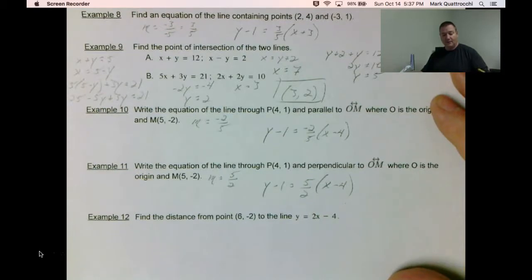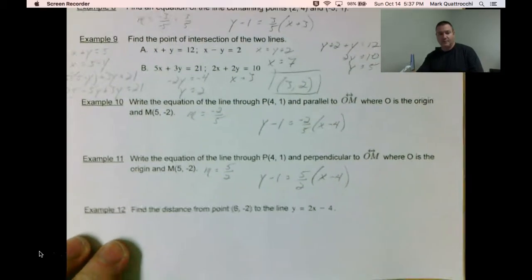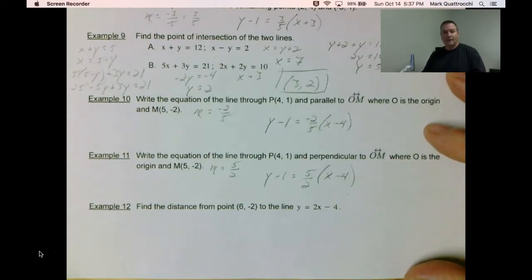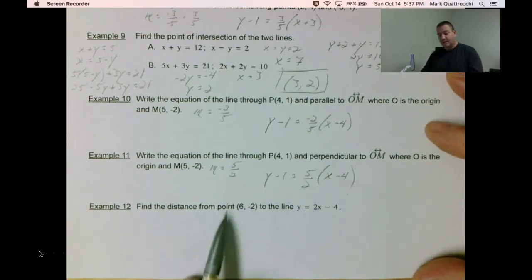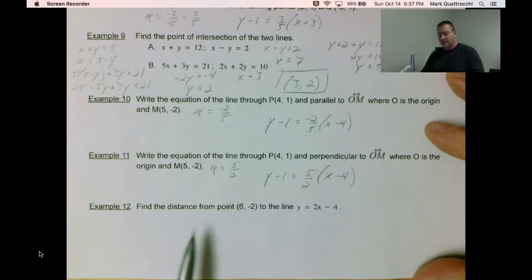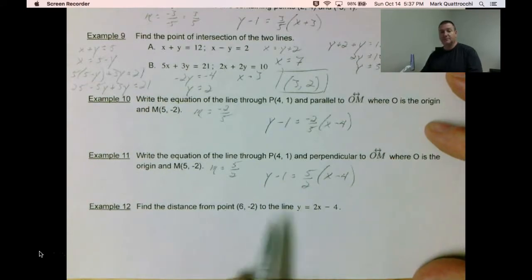Example 12 is the longest problem in this section. Example 1 and example 12 are probably equally difficult, but example 12 takes longer to do. Okay, so we're going to find the distance from a point to a line, which you defined in section 3.4 as the perpendicular distance from the point to the line.